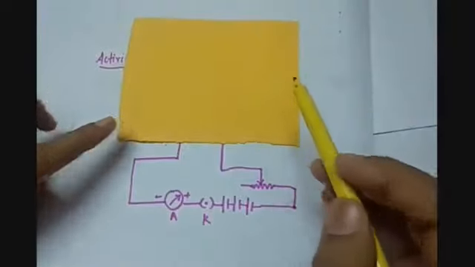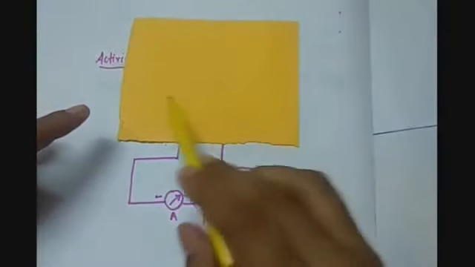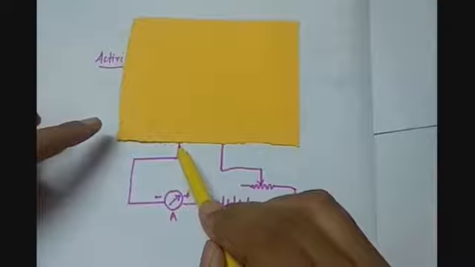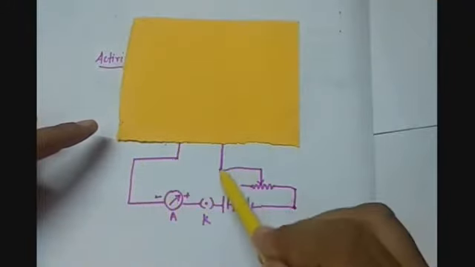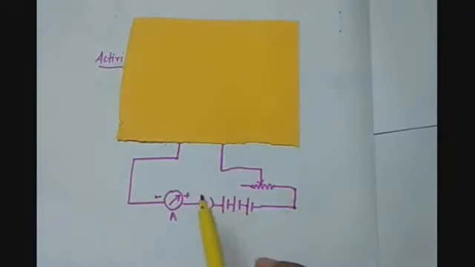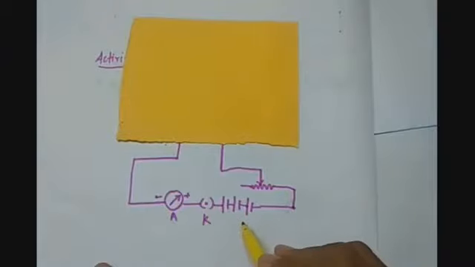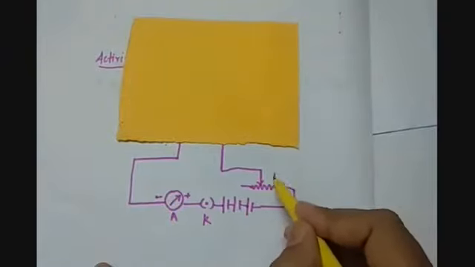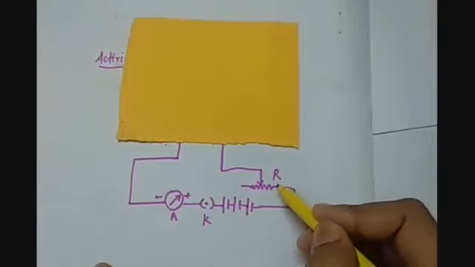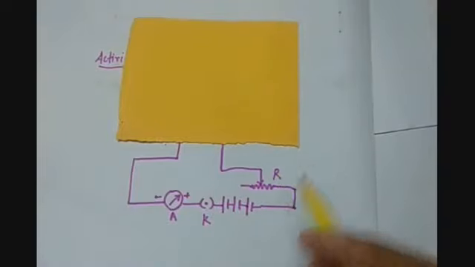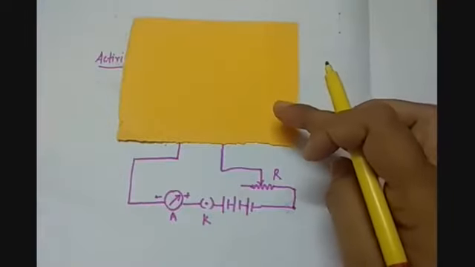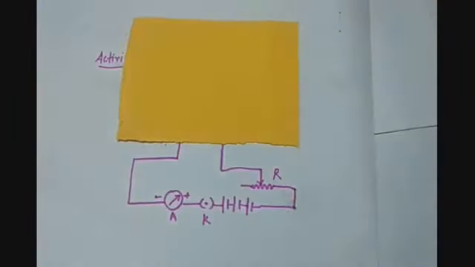Then the two ends of the conducting circular loop will be connected to the electric circuit here in this way. In the circuit we have an ammeter, key, battery and a rheostat to adjust the current. So this is how we are going to pass a circular loop through this cardboard sheet.